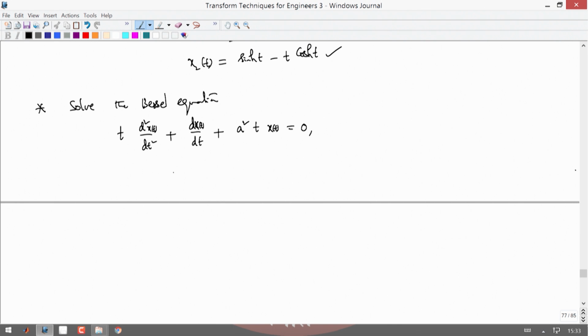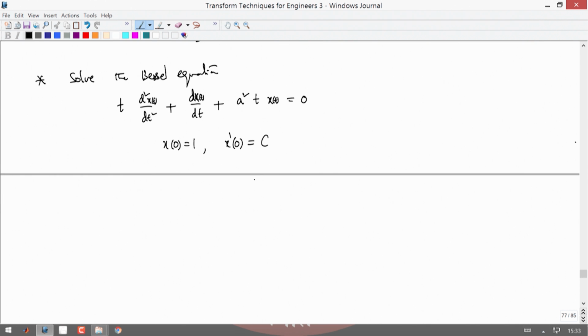You have initial conditions. Since it is second order, we provide x at 0 equal to 1, bounded, and you should also provide x dash at 0. For the time being, let us choose some value and see what you get.